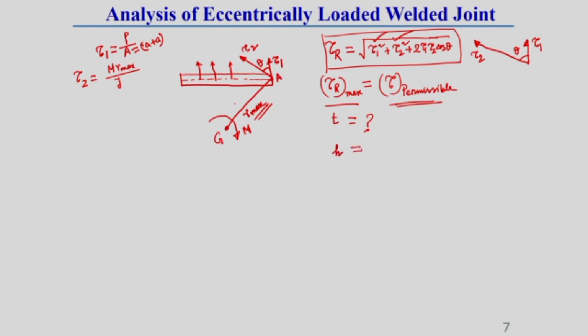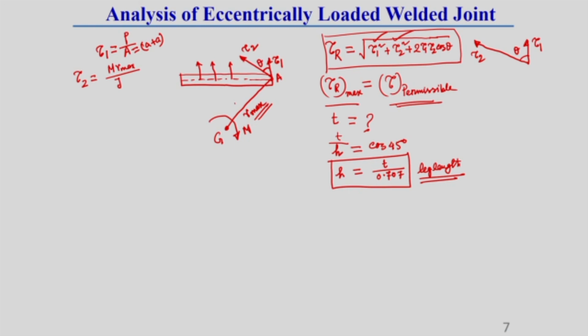We know T by leg length is cos 45 degrees. So, you can easily find H will be T by 0.707. By this you can find the leg length of this weld. So, this is the design throat thickness and design leg length.